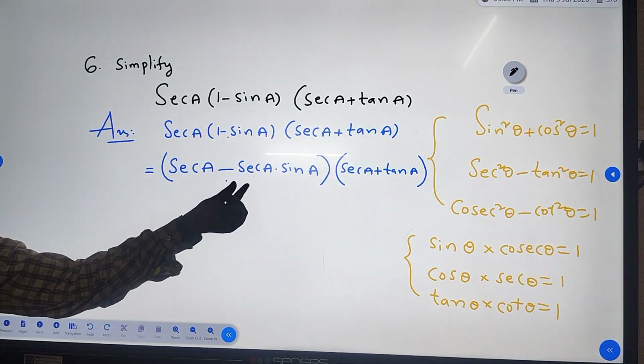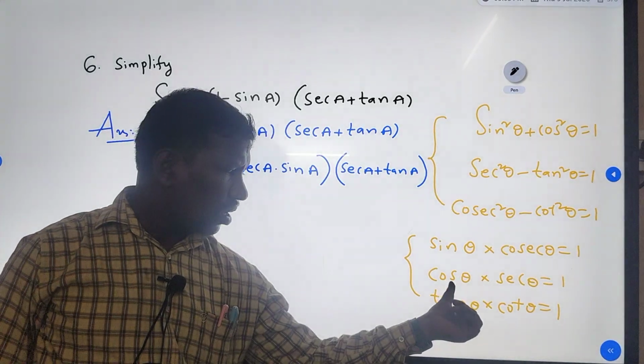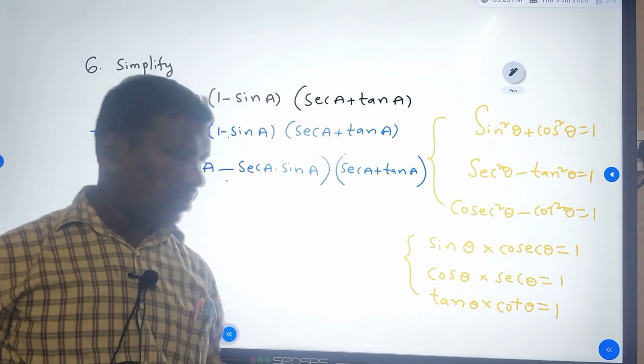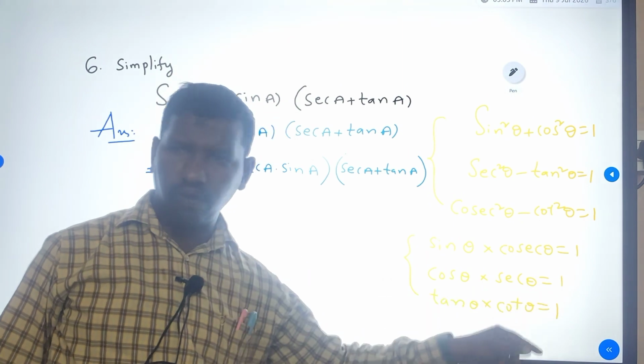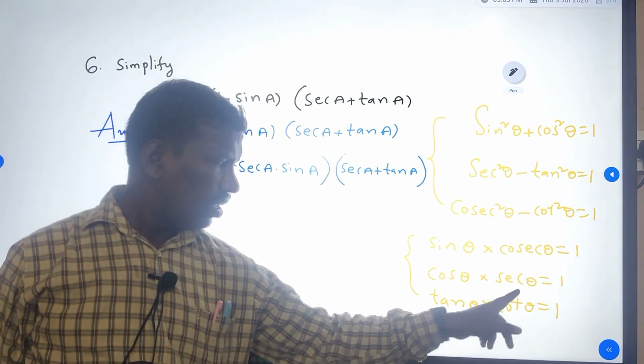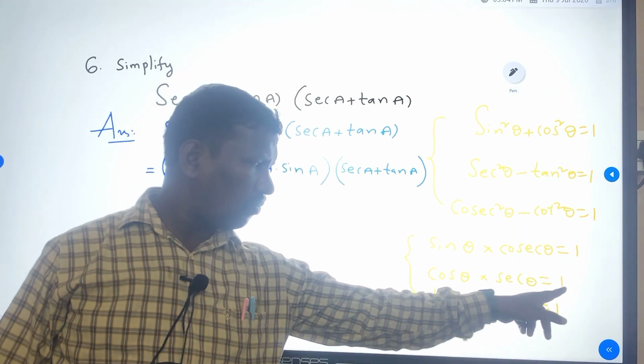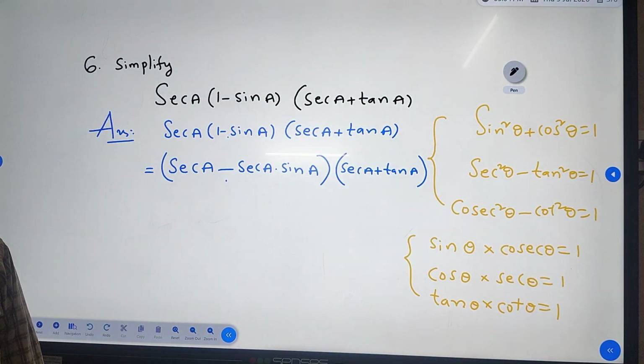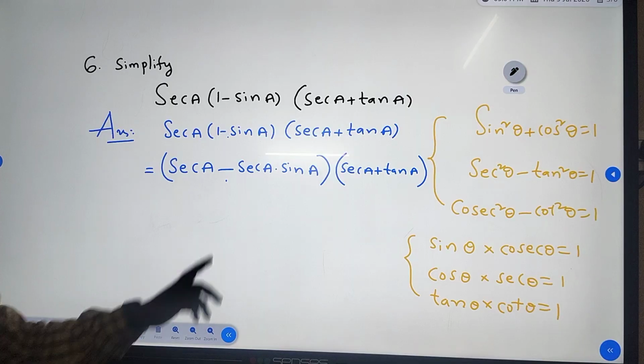So observe that cos theta into sec theta equal to 1. What is sec theta? Sec theta equal to 1 by cos theta.